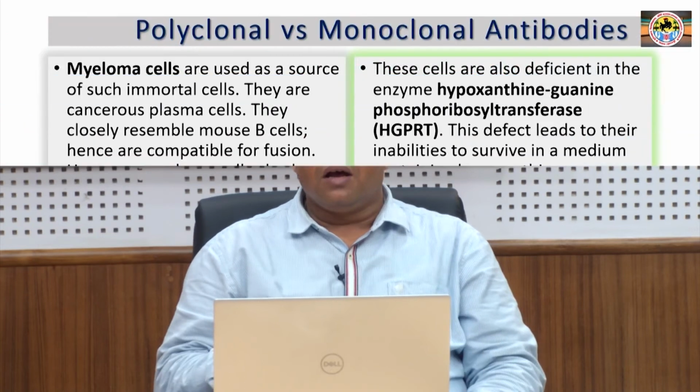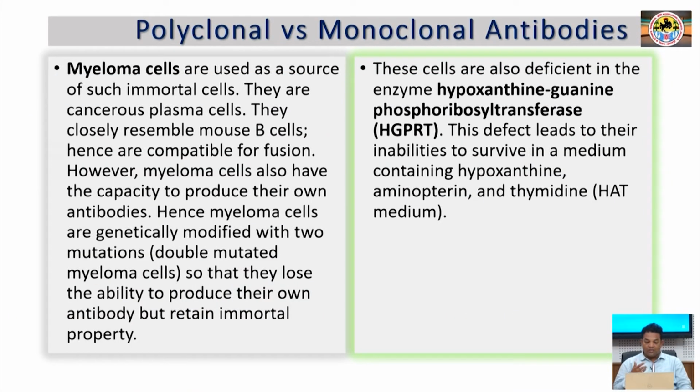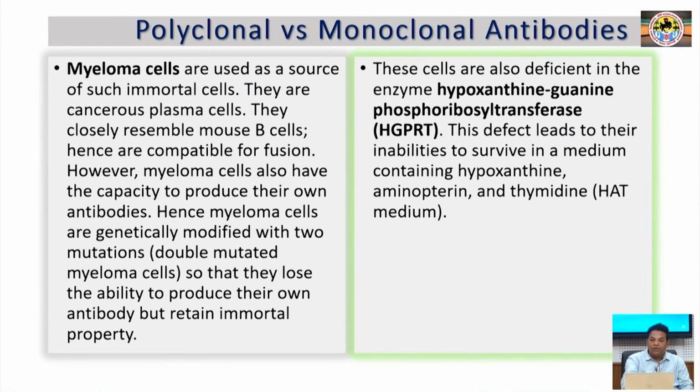This defect leads to their inability to survive in a medium containing hypoxanthine, aminopterin and thymidine. This is called HAT medium. HGPRT plays a controlling role here, so this is the defect of the cells.